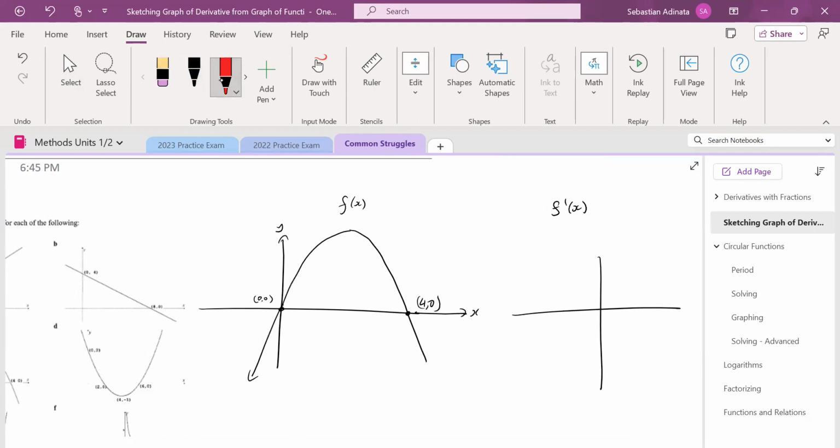First thing we want to do is see if it's decreasing, increasing, or stationary. So let's go from left to right. From the left, we can see it's always increasing up until we hit a turning point. And then from that turning point, it'll always decrease.